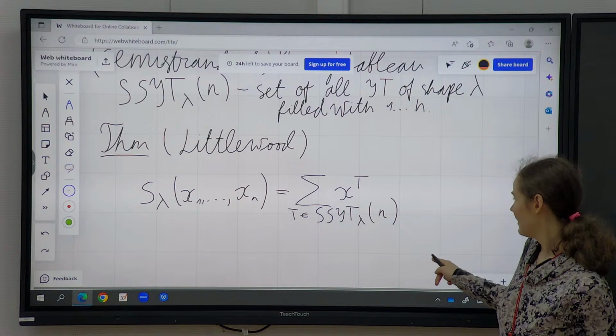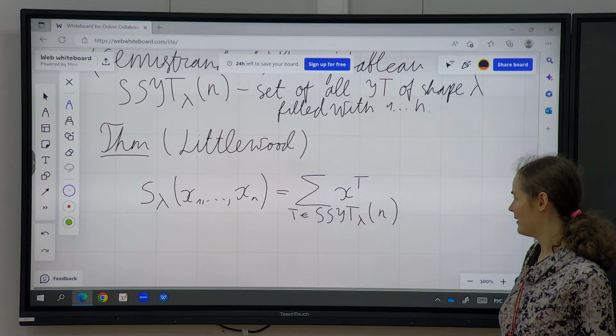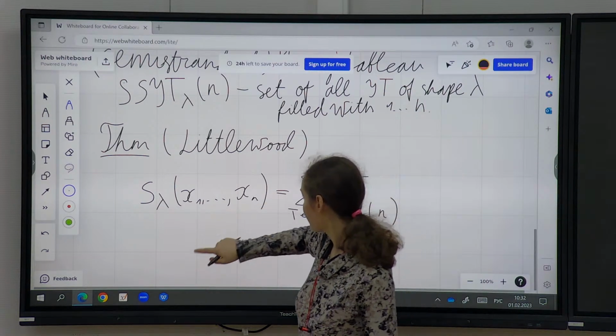So from this we obtain the positivity of coefficients straight away.